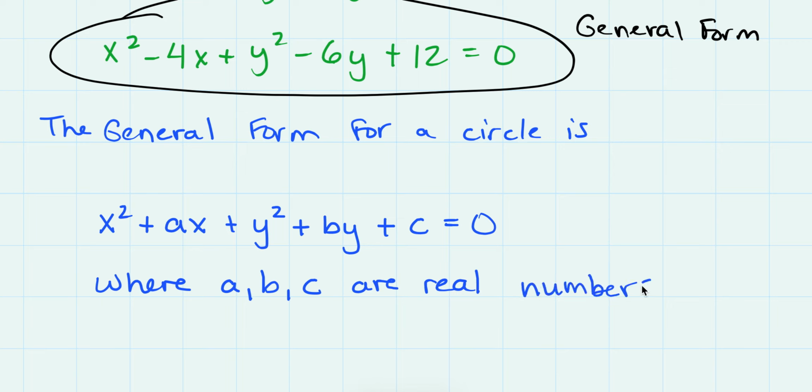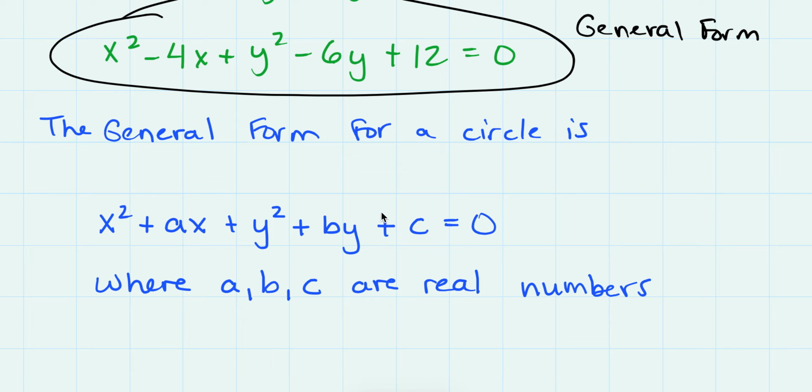So basically you can put whatever you want in for a, b, and c. The coefficients in front of the x squared and the y squared are 1. And if they're not 1, they need to both be positive and you need to divide it out. But for the examples we're going to see, they're going to be a coefficient of 1 for both of these. And this a and this b and this c can really be anything for the most part.